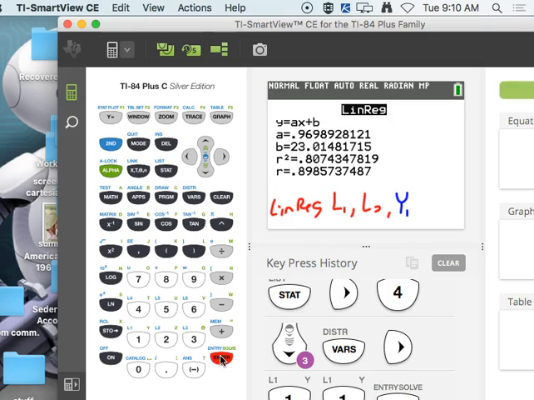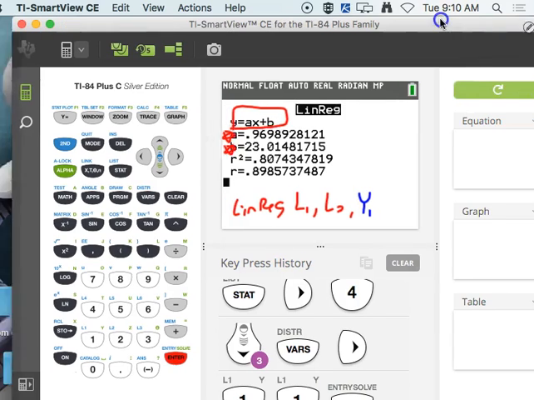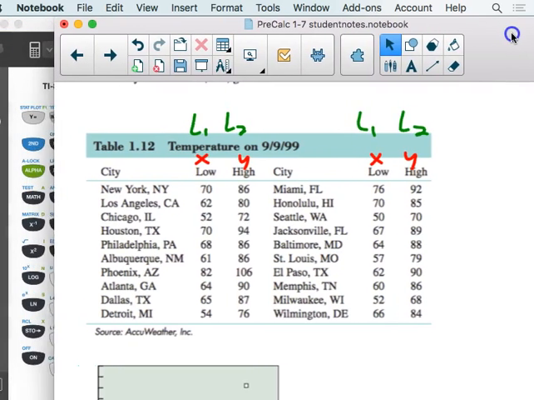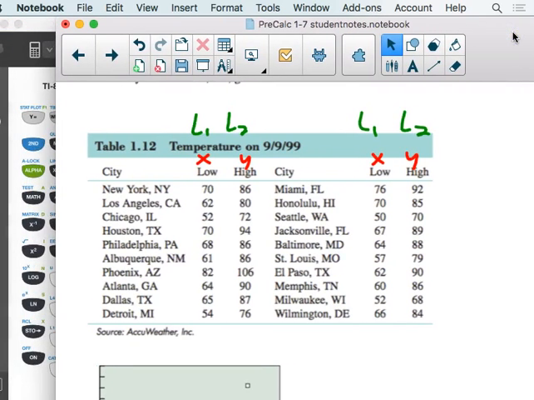So the calculator says, you wanted this, we gave it to you. Here's the A you should use, and here's the B you should use if you're going to write that formula. So it would be Y equals 0.970, with rounding to 3 decimal places, X, plus 23.015. And I'm going to go back and write that down so that we can do the rest of this math.